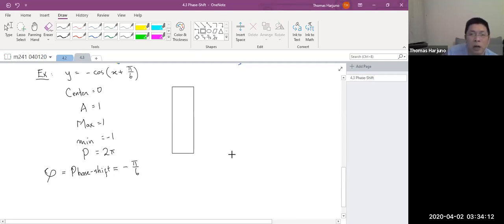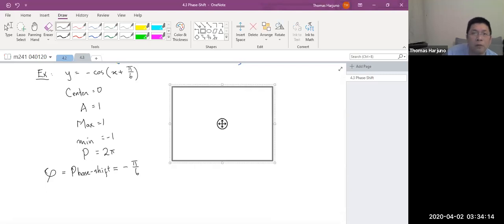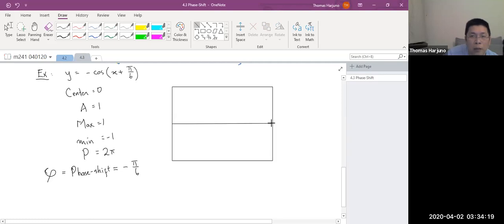So we will start from negative pi over 6. The period is 2 pi.